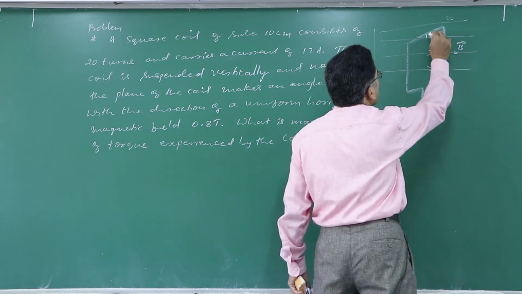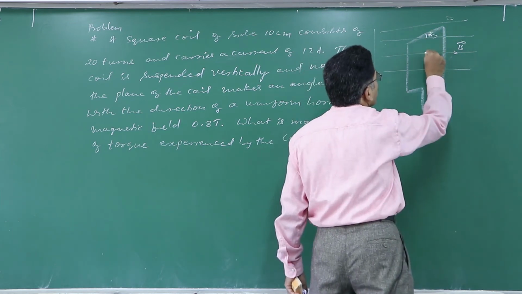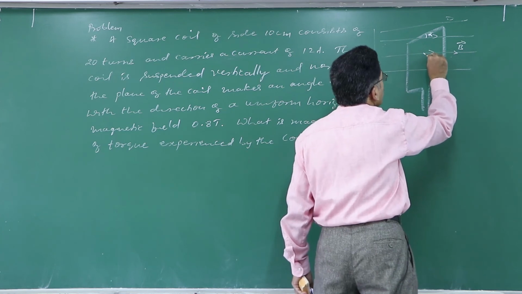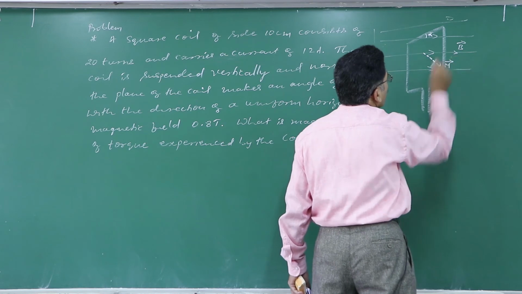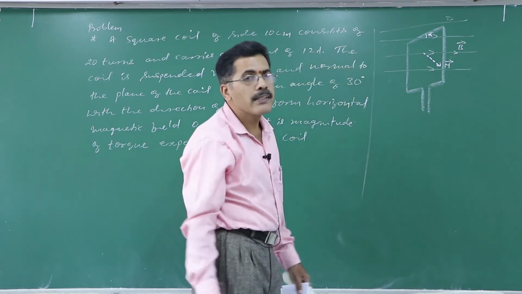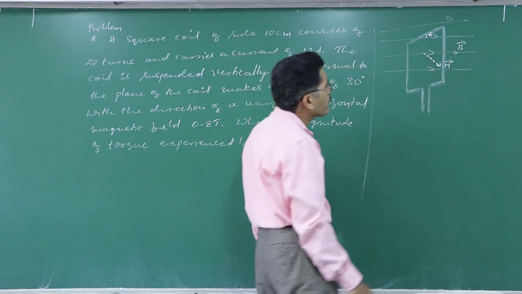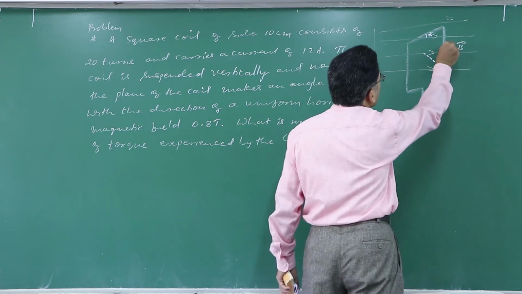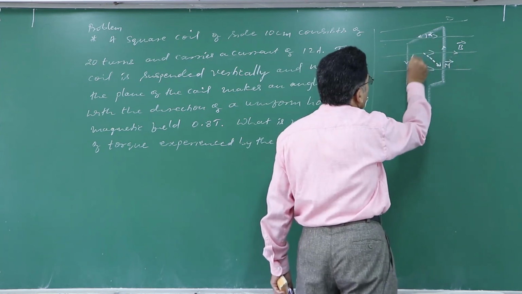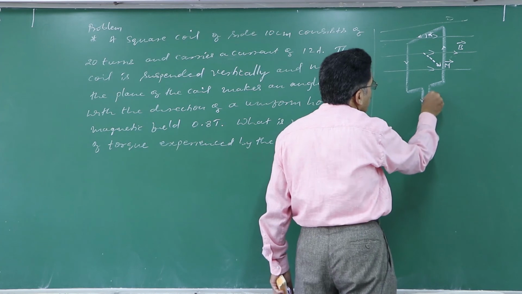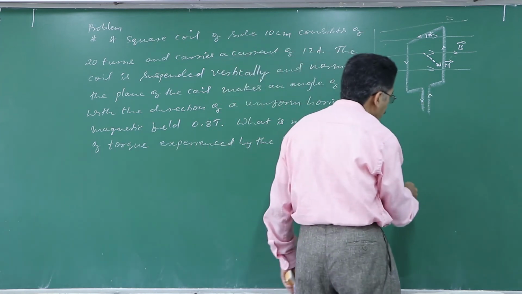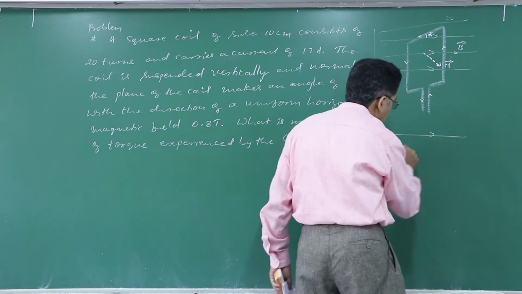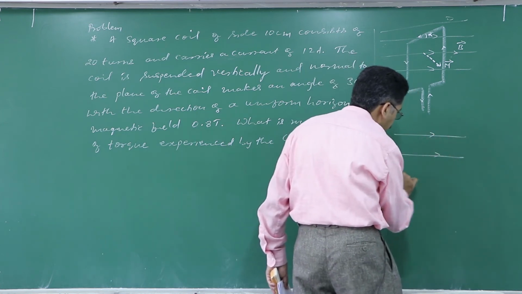Let me take this angle as alpha. The normal which is drawn to this gives you the direction of magnetic moment. Let me say the current is flowing in this direction, like this. I just take this in another diagram.